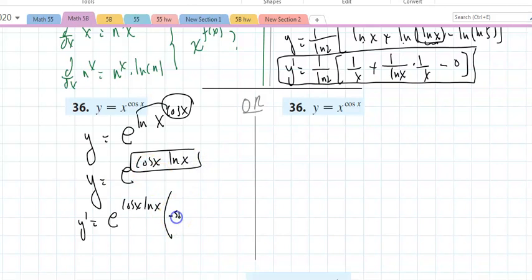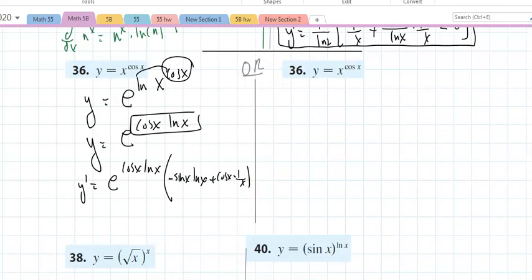Derivative of the first times the second plus the first times derivative of the second. And if I really think about it, this right here is actually this right here. So if I go back and say y prime equals x to the cosine of x times whatever that is.